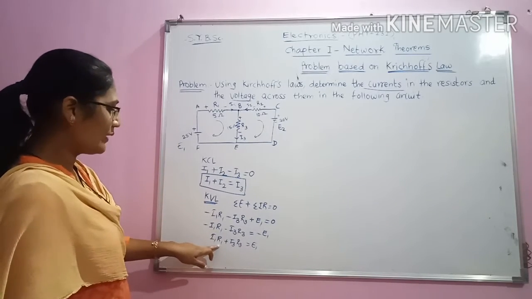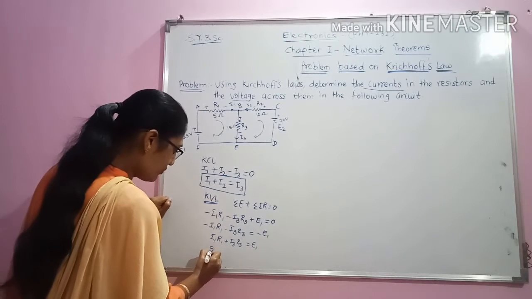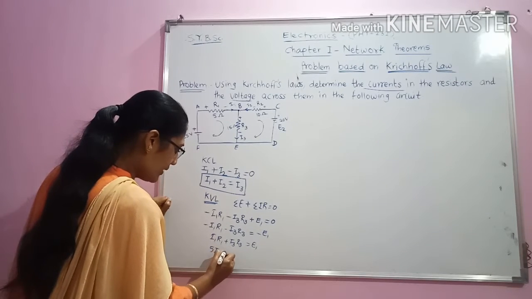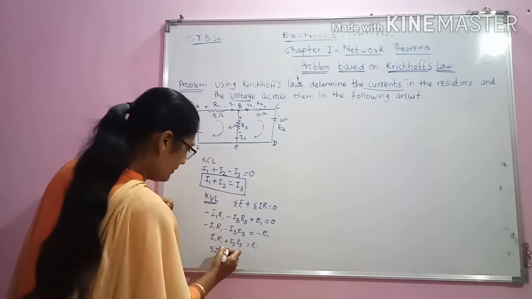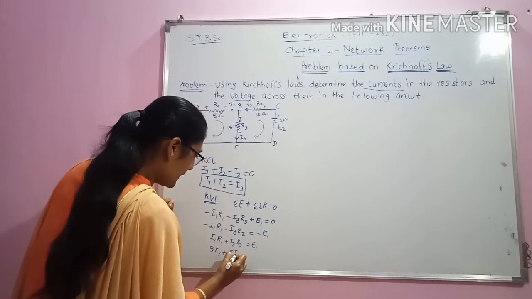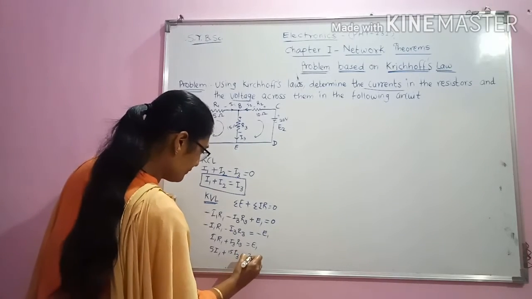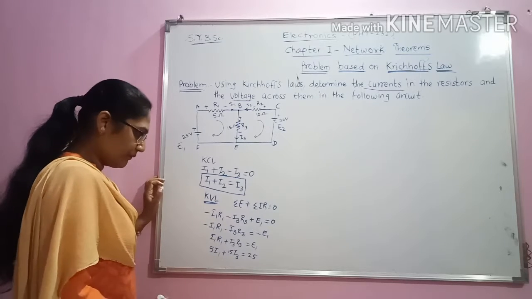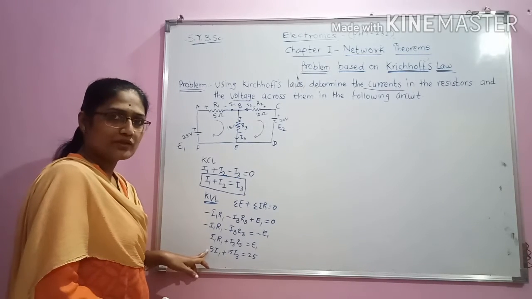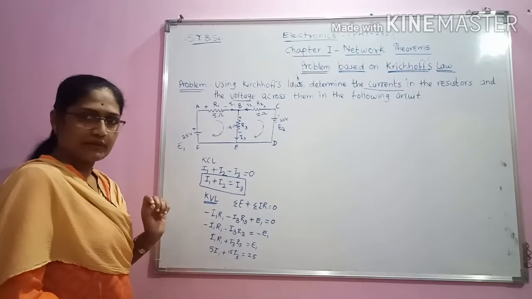Now substitute the value of I1. I1 is given as 5. So 5 of I1 plus, R3 is given as 15, 15 of I3 is equal to 25. This is the equation that we have obtained after substituting the values of R1 and R3.